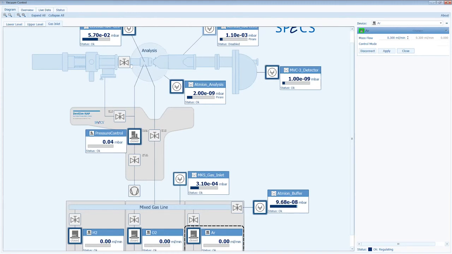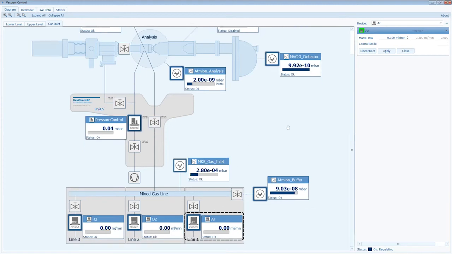So you can be more or less sure that they are coming from the sample, but there can still be something from the stage and other places. So now I set 0.3 milliliters per minute and click the apply button.